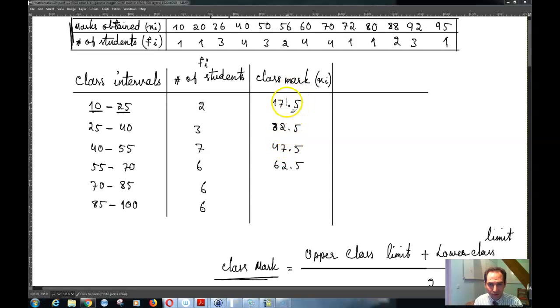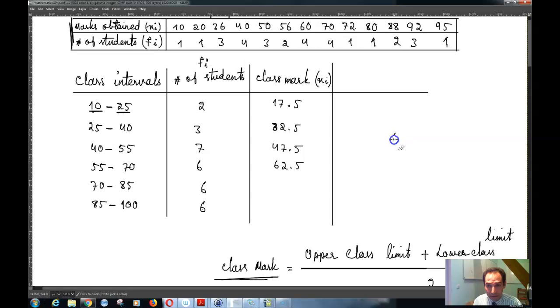That means the difference between these numbers is basically your class length, or your class size. Here your class size is 15: 10 to 25 is 15, or 25 minus 10 is 15. And when you get the first number, you don't have to do all of this calculation. You can get the first number and add 15 to it, you'll get 32.5, add 15 to it, you'll get 47.5, 62.5, and so on and so forth.